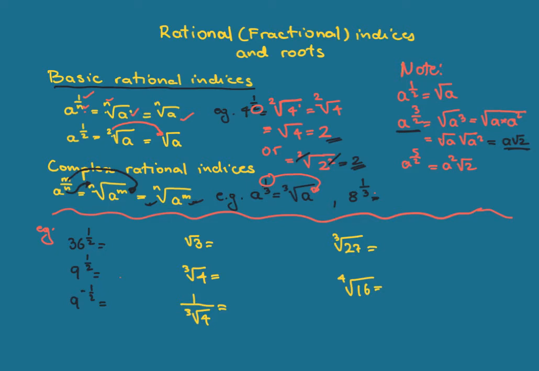Then we have an example: 8 to the power of 1/3, so we write the third root of 8. To simplify this, we look if we can write 8 as a number to the power of 3. In this case that's 2 to the power of 3, because 2 times 2 times 2 is 8. Then we cancel out those, and the answer is equal to 2.